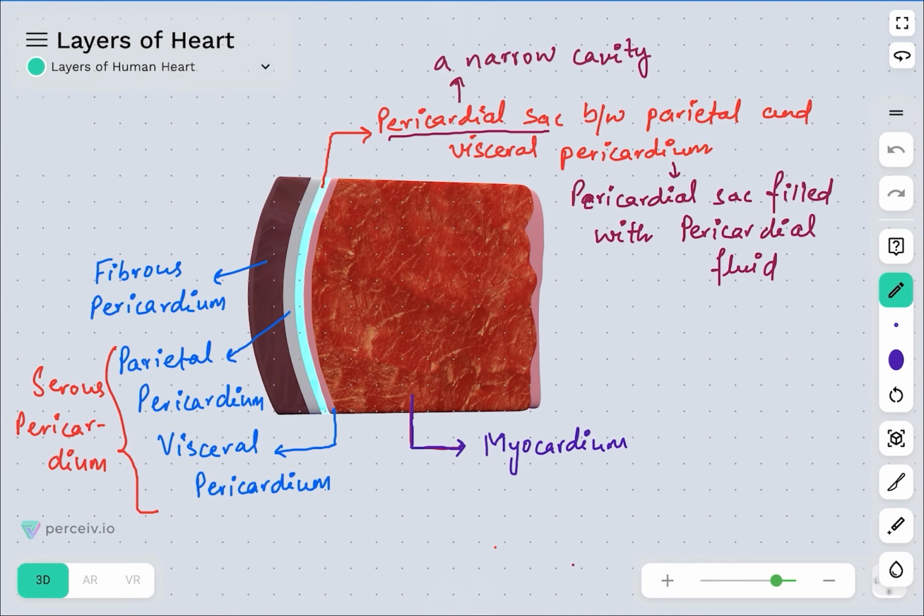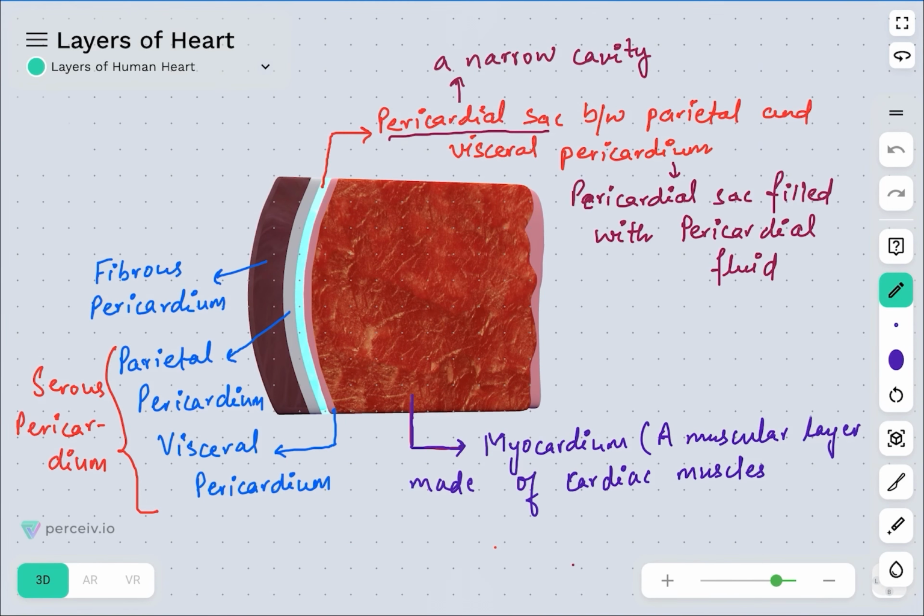This is the myocardium. Now, myocardium is one such important layer of the heart, which is a muscular layer, and that is made of special cardiac muscles. So this is a muscular layer made of cardiac muscles.